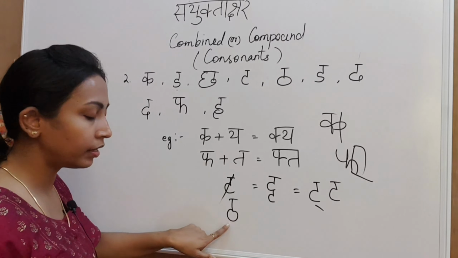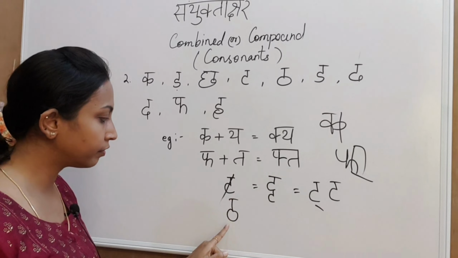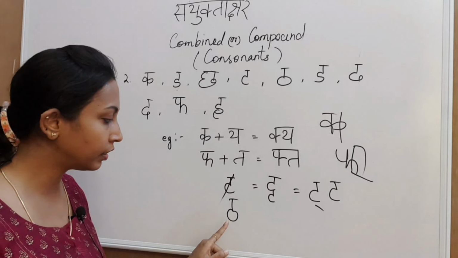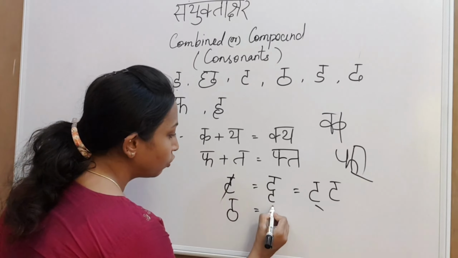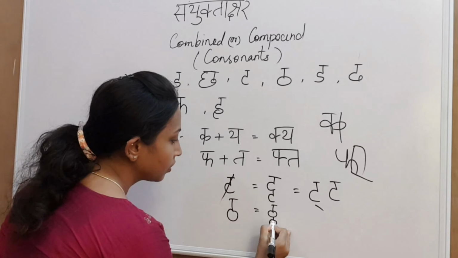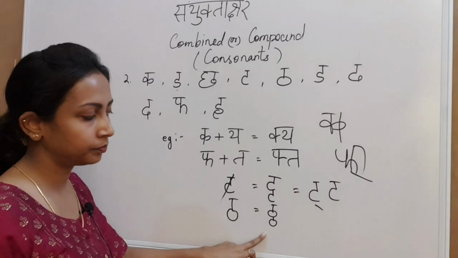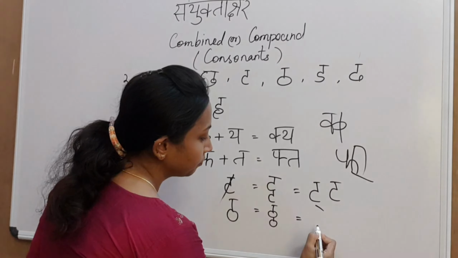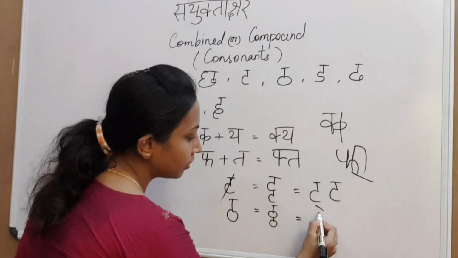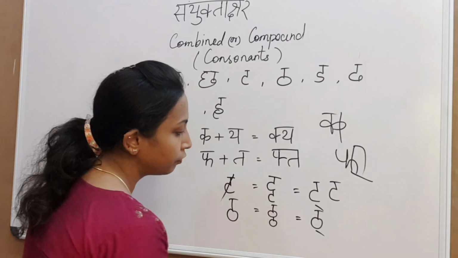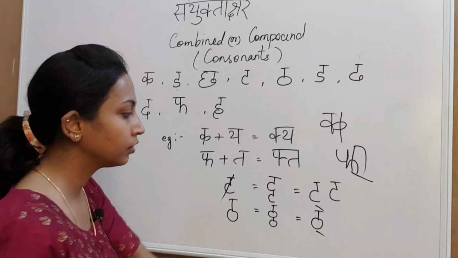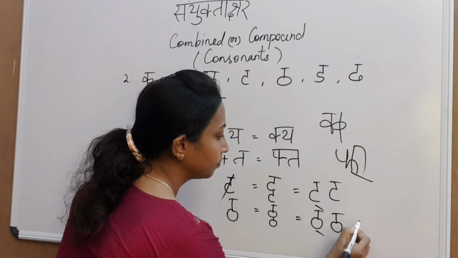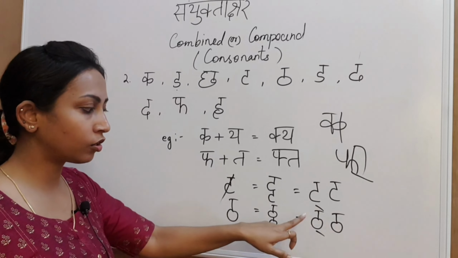In the same way for tha also. If you cut the letter in half, you cannot identify the letter. So for this type of letter, we write one below the other. You can write like this, or else you can put a slanting line below, so it becomes a half letter. Like this you can write.